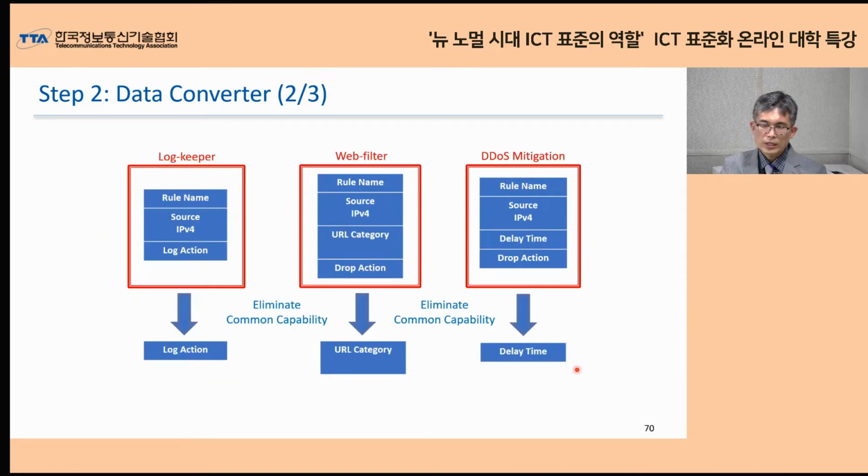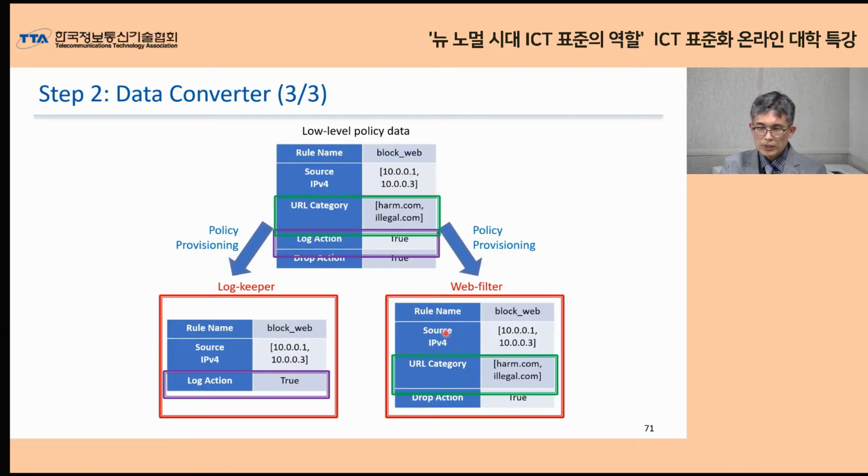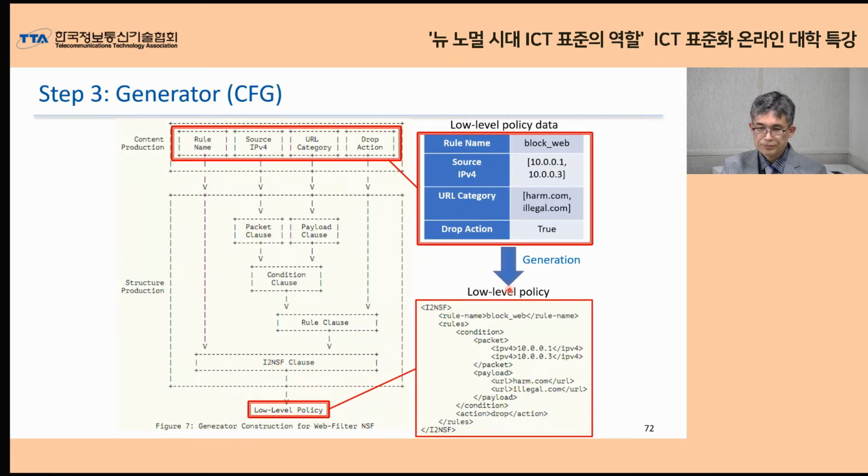Then, using machine learning such as a decision tree, we can look at the data and select the logger, web filter, or DDoS attack mitigator. In our case, based on the URL field, the logger and web filter are selected using the decision tree.